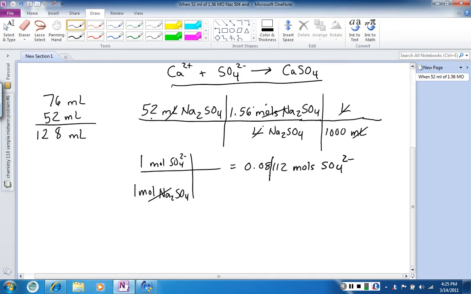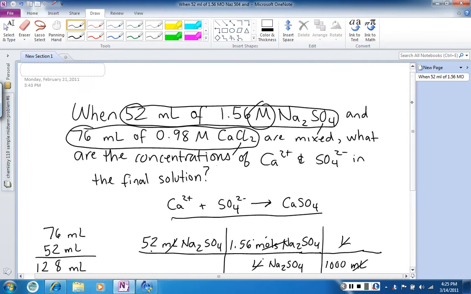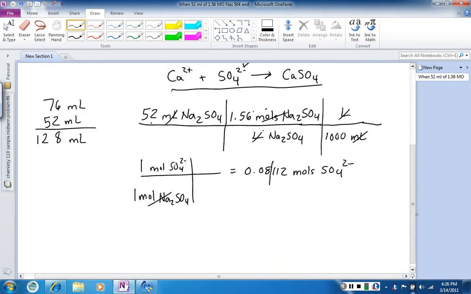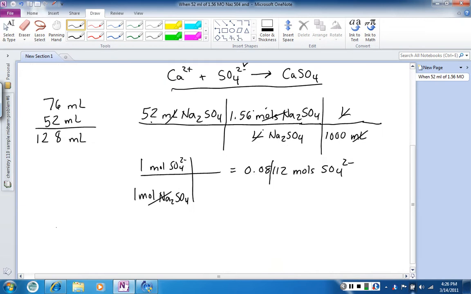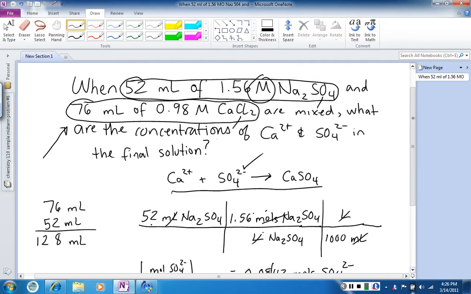The next step is to figure out right here. We've done this. We need to figure out our moles of Ca2 plus based upon the information I just pointed to. So we'll come down. We'll start over here this time. The screen's not big enough for this problem, I guess.